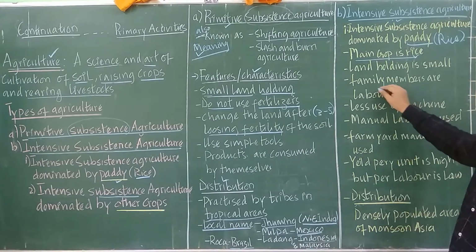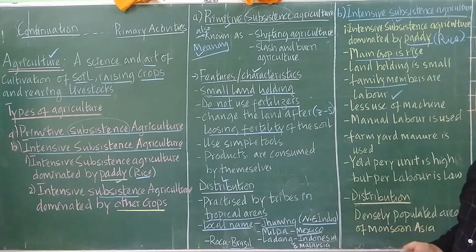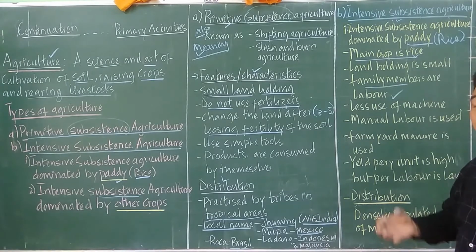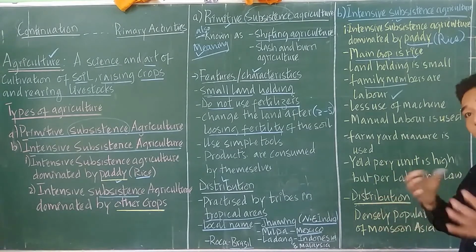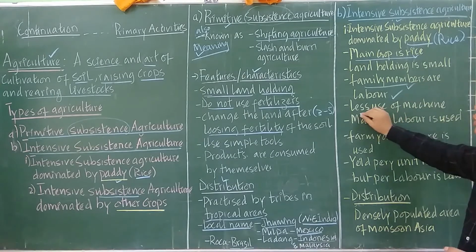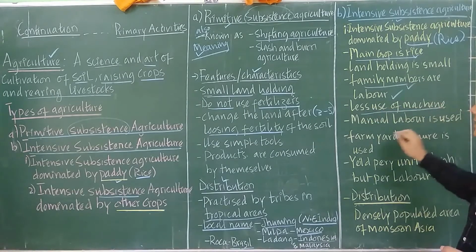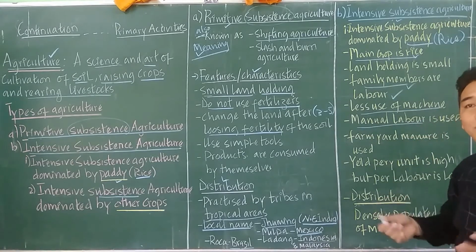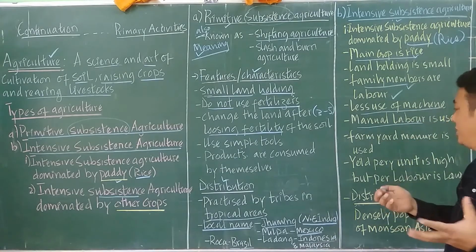And the family members are the labor, for every process of sowing, nurturing or growing, and harvesting. Family members are the labor, and there is less use of machines. Manual labor. Everything will be done by hand, not by machine.